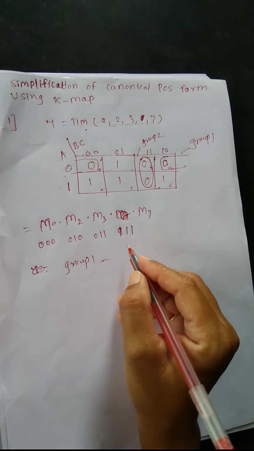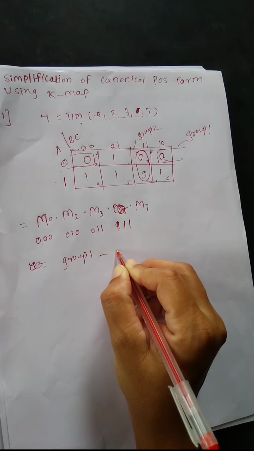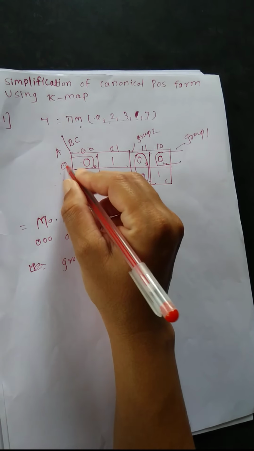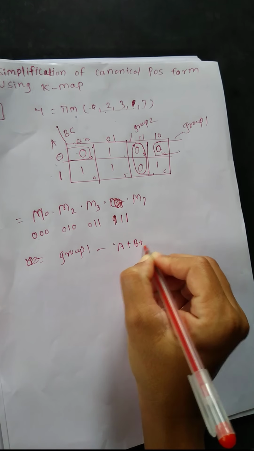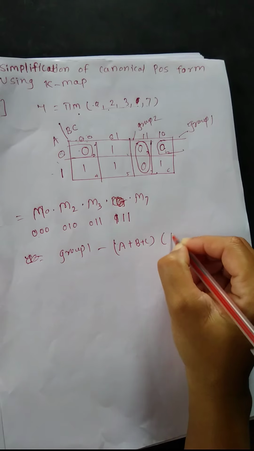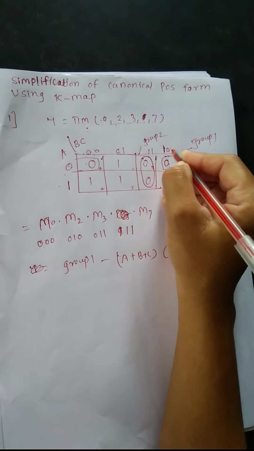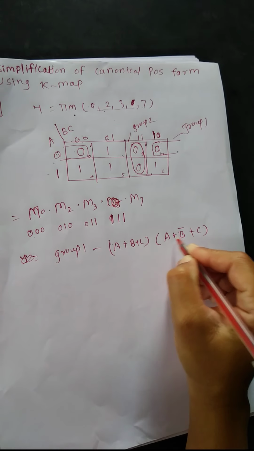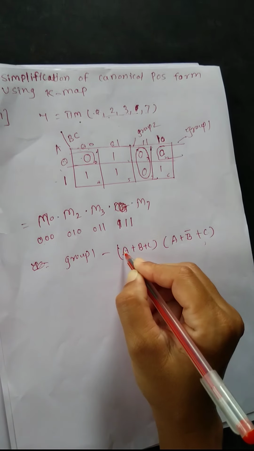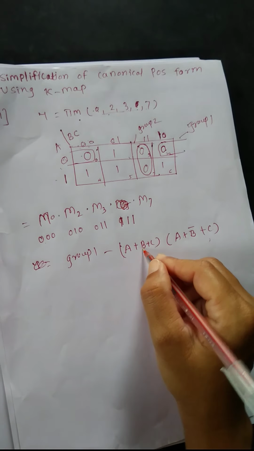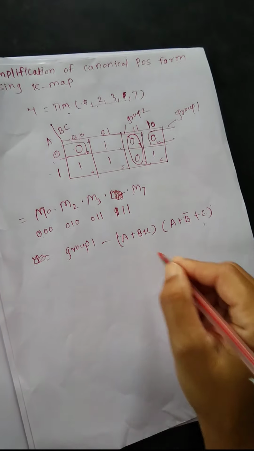The expression is in POS form, so the first term is A plus B plus C, and the next is A plus B bar plus C. Then you have to solve the bracket multiplication: this B is multiplied with all brackets, this C is multiplied with all brackets, and you simplify the expression.